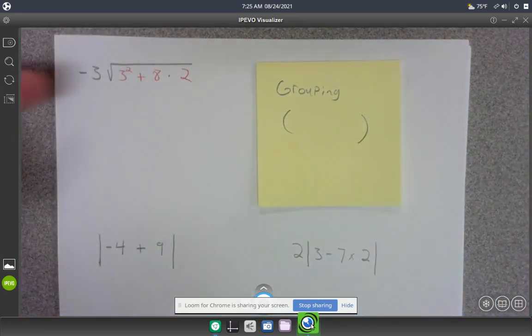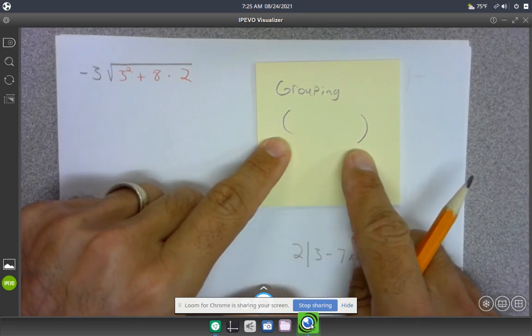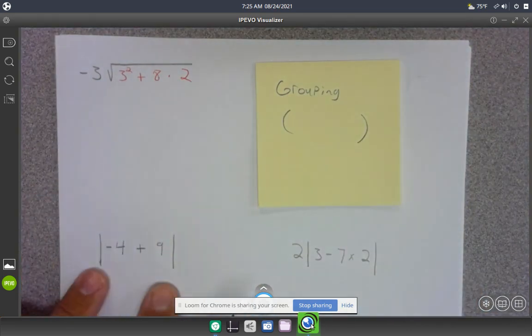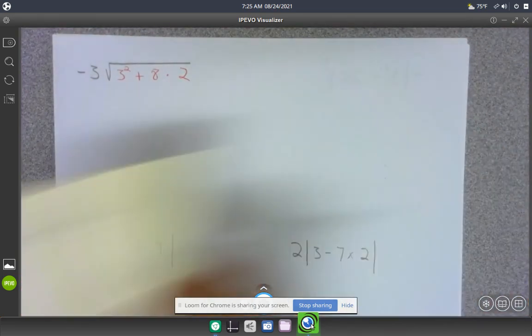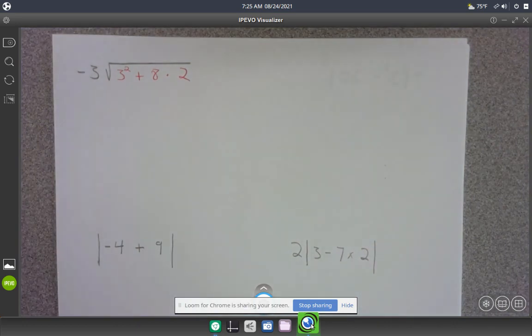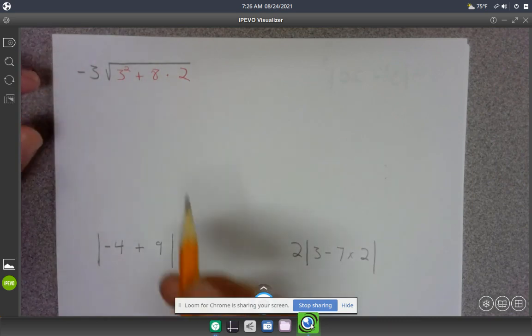Except that you know what square roots do. They actually do something, whereas parentheses don't really do stuff, and you probably even know what absolute values do. But anyway, we're going to do an example. You got to do those first, though.